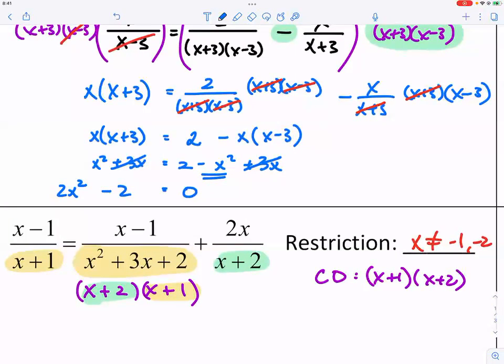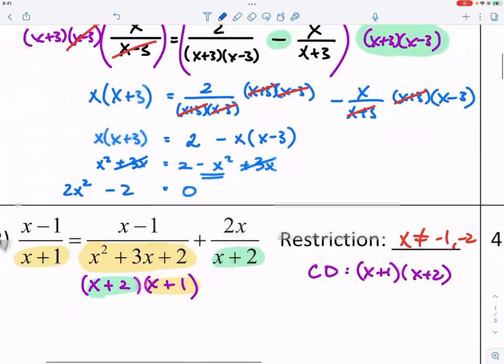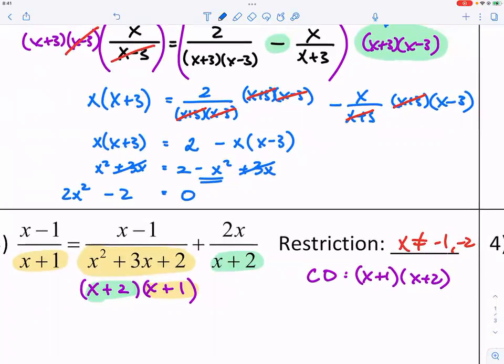What can you see here? 2x squared minus 2 equal to 0. What can you see here? You see anything in common? Okay, so we can say, well, we are writing the 2's twice. Maybe it's a good idea to factor it out.